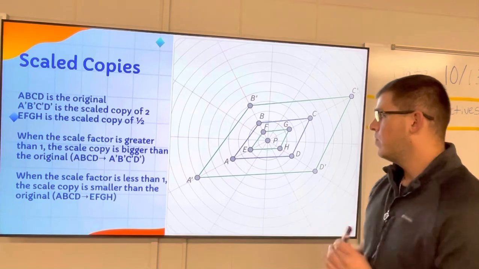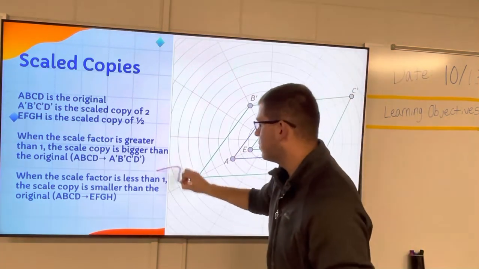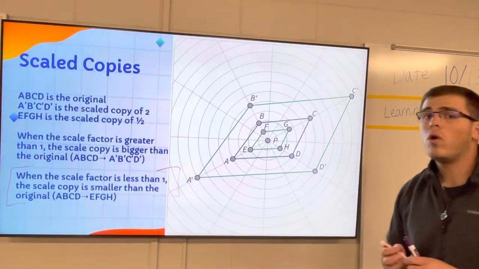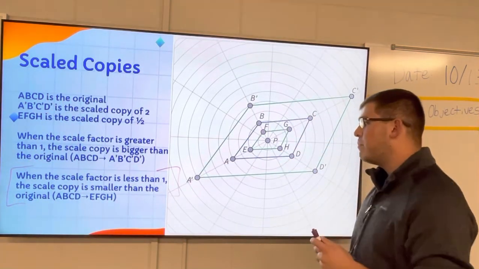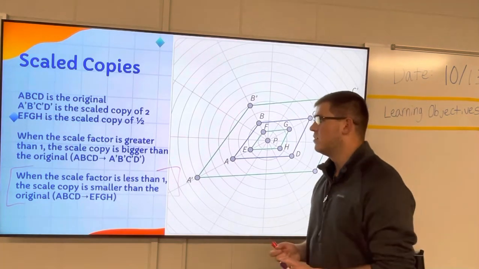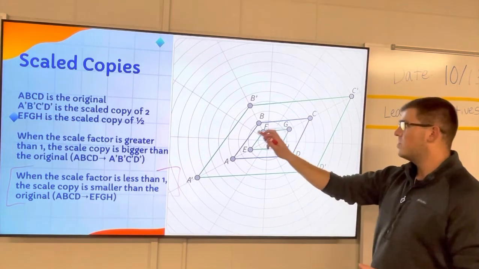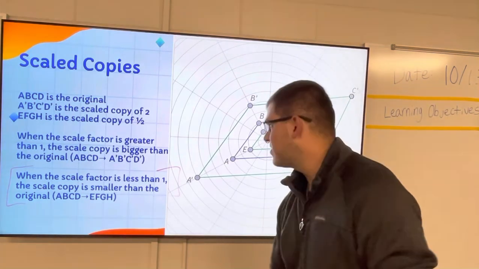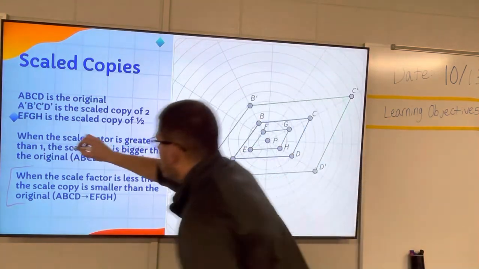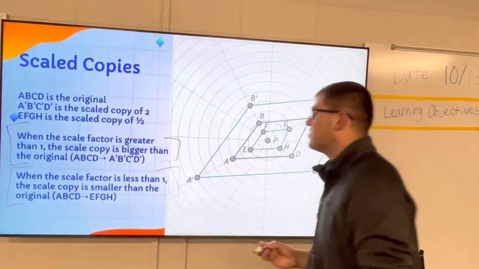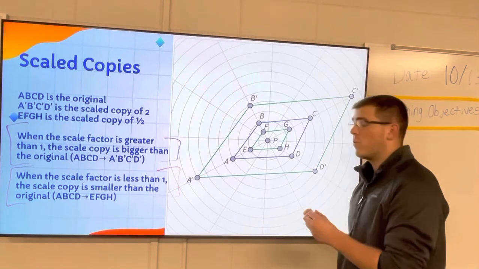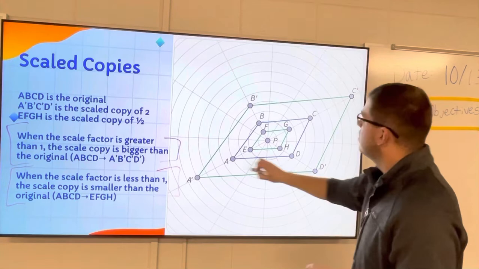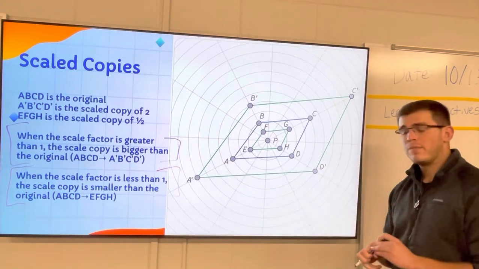Okay, so here's your rule of thumb. You might want to put this in your notes. When the scale factor is less than 1, the scale copy is smaller than the original. So when my scale factor was 1/2, it's smaller than the original. When my scale factor is greater than 1, in this case it was 2, the scale copy, so you could say the prime or the image, thinking from last unit, is going to be bigger than the original, like A prime, B prime, C prime, D prime.